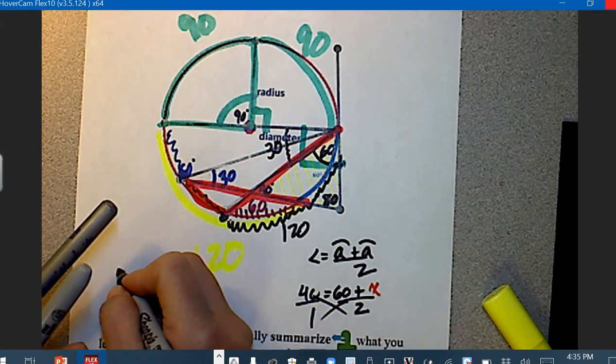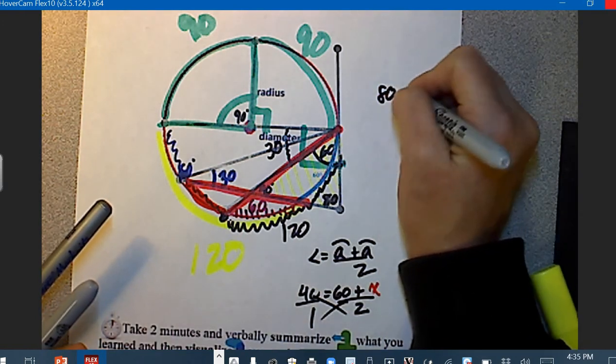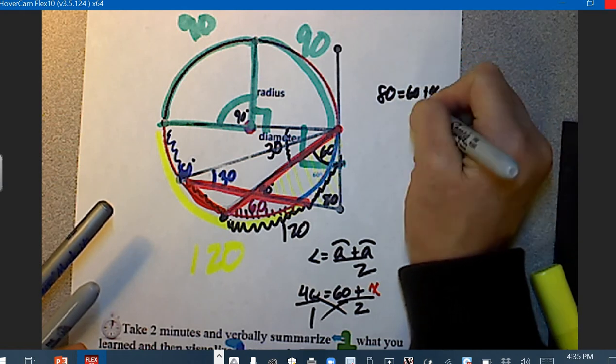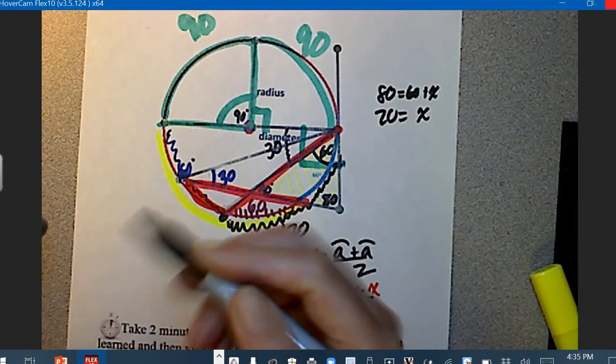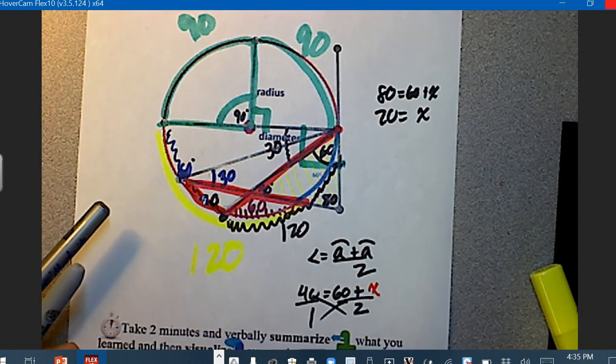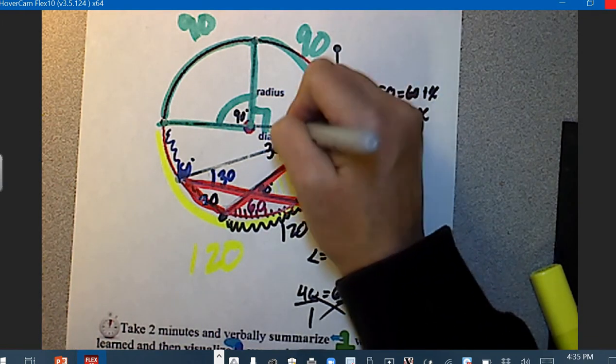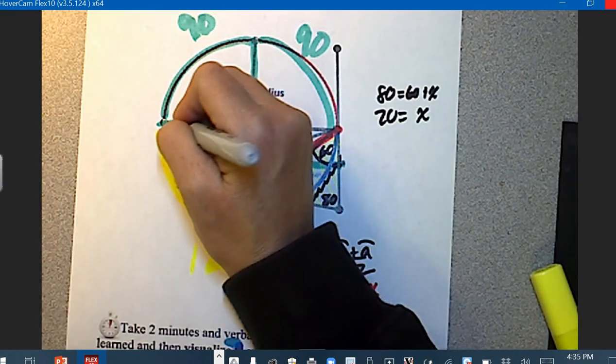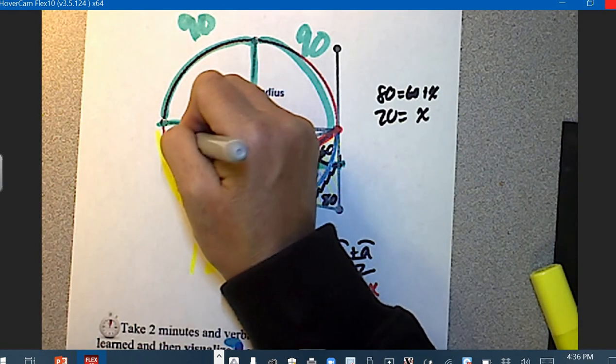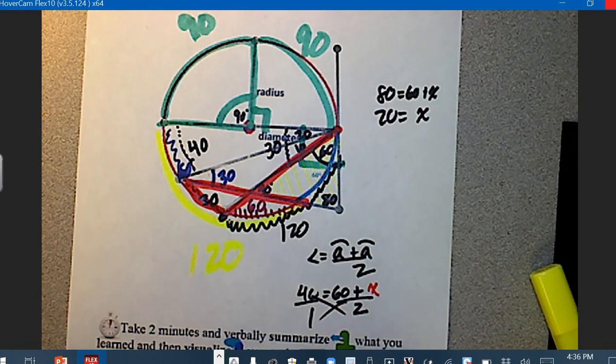Cross multiply, I end up with 80 equals 60 plus x, and x equals 20, which means this little piece is 20, which come back here, that makes this 10, and this 20, which makes this dotted arc 40. So much information. It's like a giant puzzle.